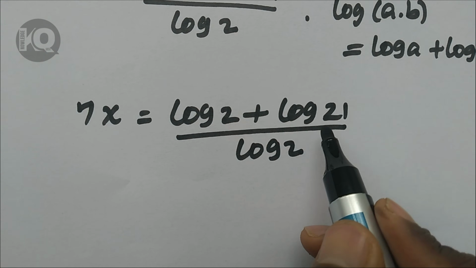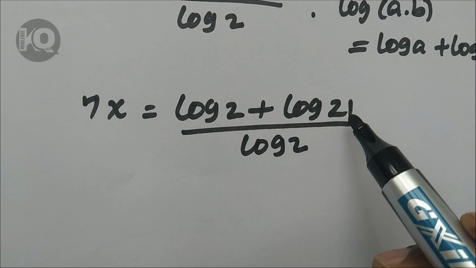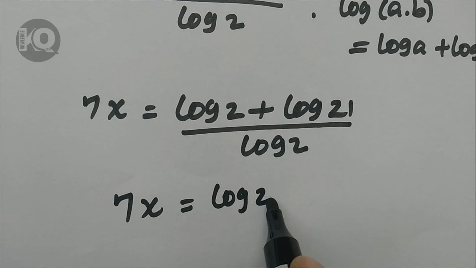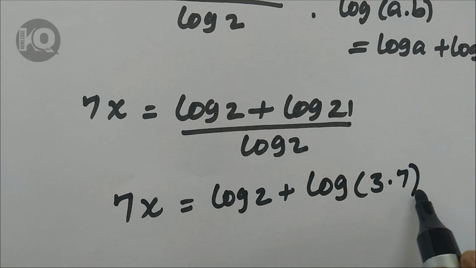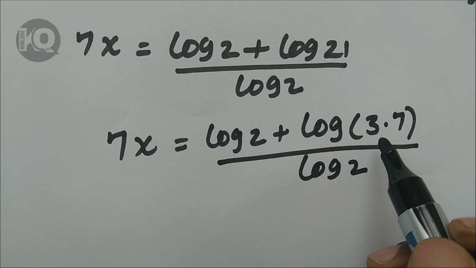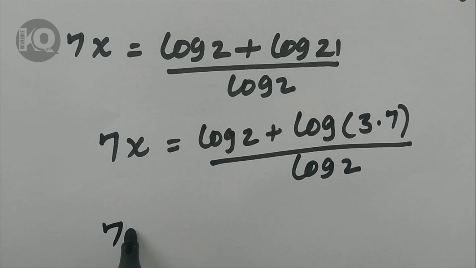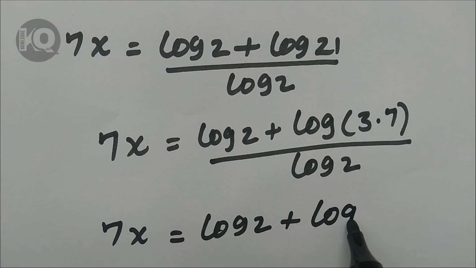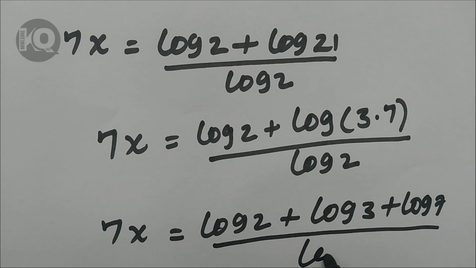And this log of 21 can be expressed in a similar manner: 21 is 3 times 7, so 7x is equal to log of 2 plus log of 3 plus log of 7, divided by log of 2.